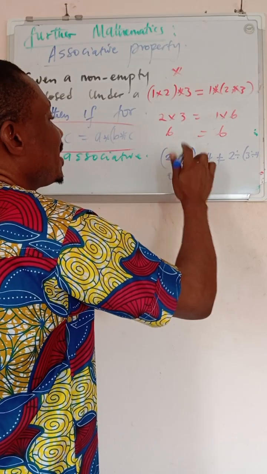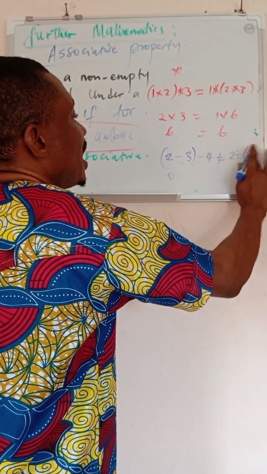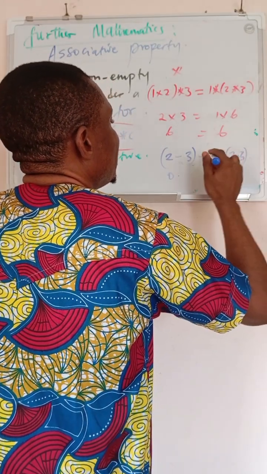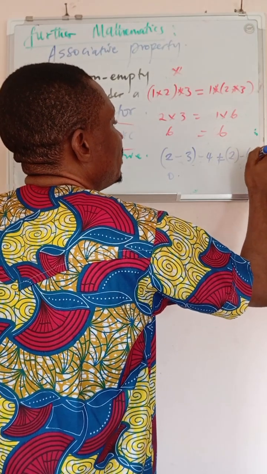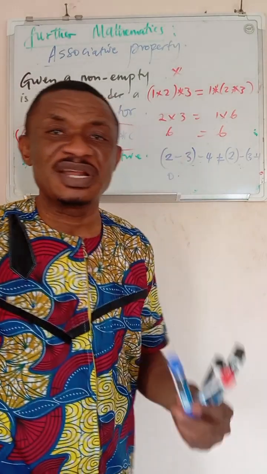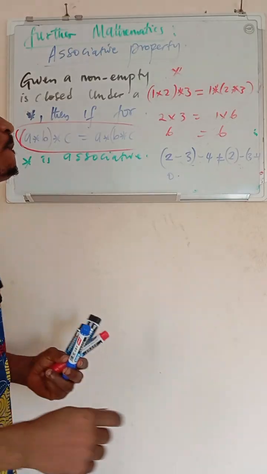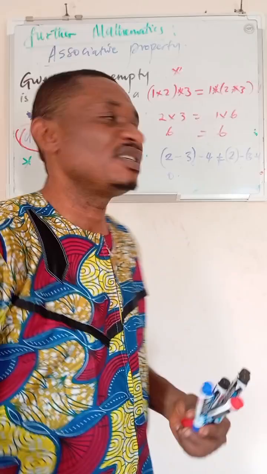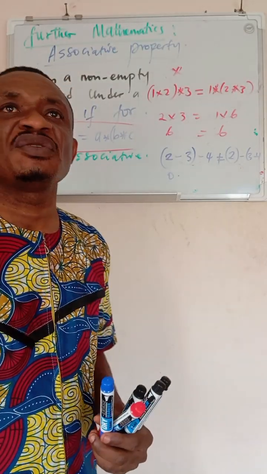Likewise, subtraction will not be associative, because (2 minus 3) minus 4 can never be equal to 2 minus (3 minus 4). So only multiplication and addition are associative, but subtraction and division are not.